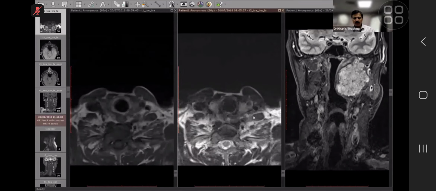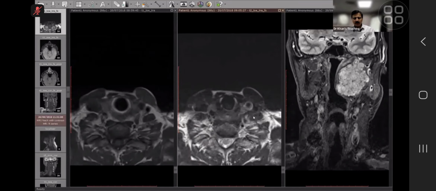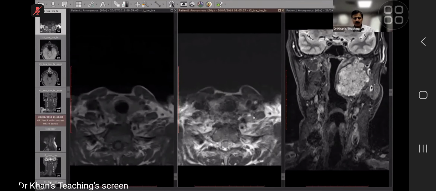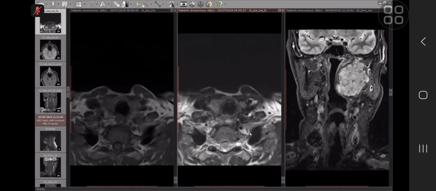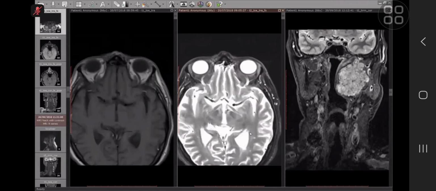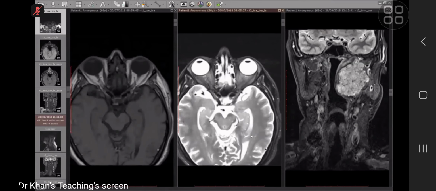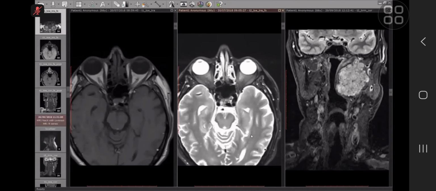And correlate with the coronal now. What happened? It's moving, but it's a bit slow. Did it move to another sequence?